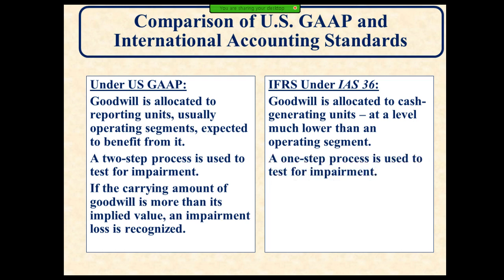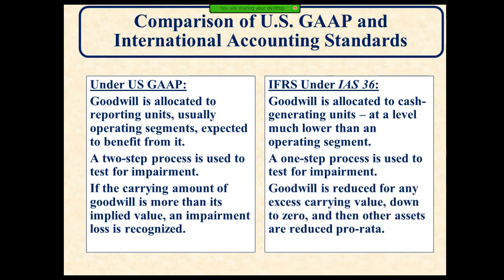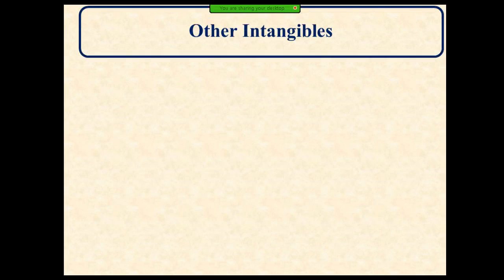And under IFRS, there's a one-step process that tests for it. Goodwill gets reduced for any excess carrying value down to 0, and then if there's additional negative, we're going to reduce the other assets based on the percentage of those assets to the total. They will get reduced also.